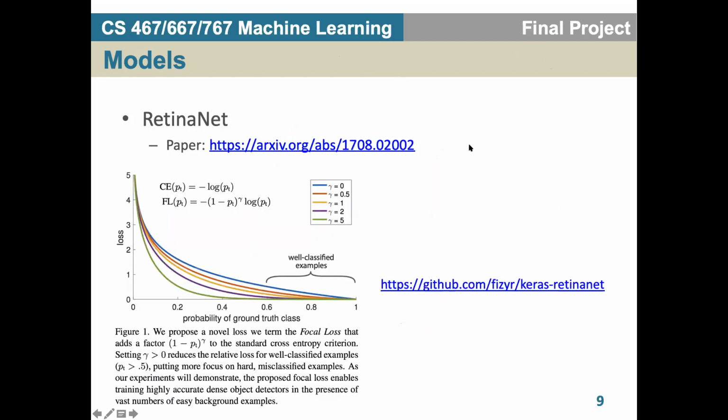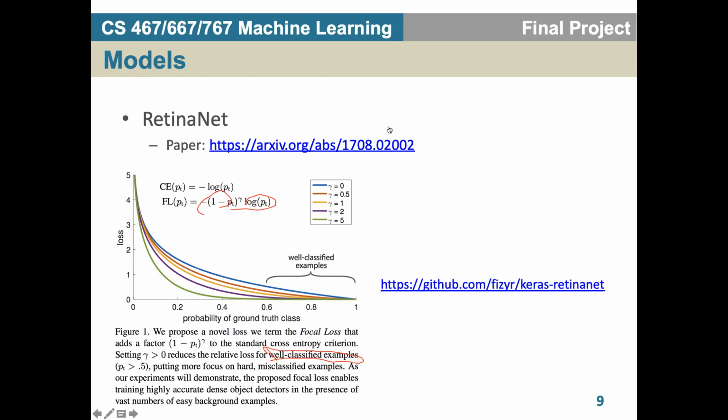And there's also RetinaNet. RetinaNet is saying that it wants to better differentiate objects from the background. For example, you have well-classified examples, so you want to adjust the loss. The background has a lot of pixels, so you want to give it a low score, and for those objects that appear less often, you want to give a high score. So it has some change to the loss function.